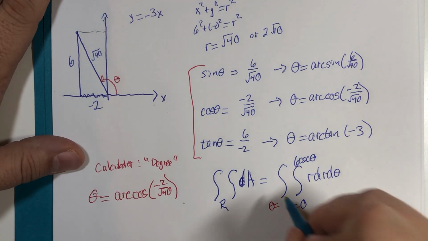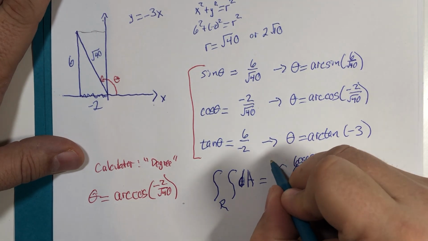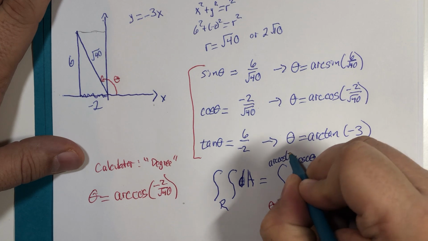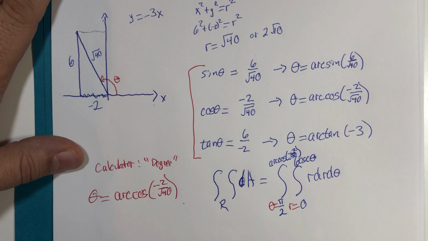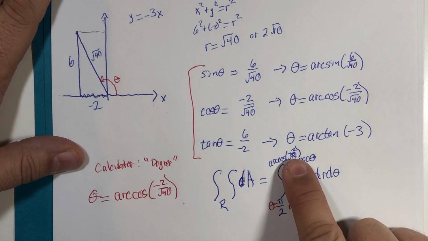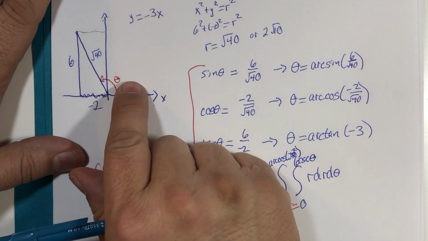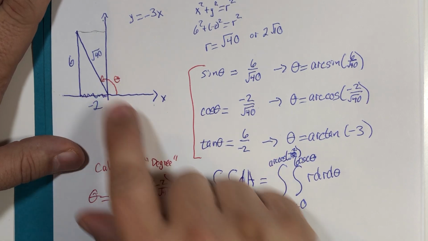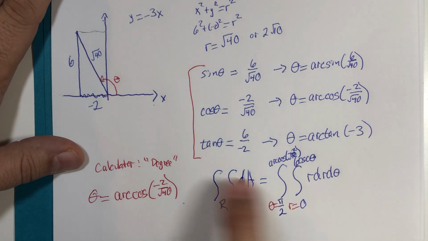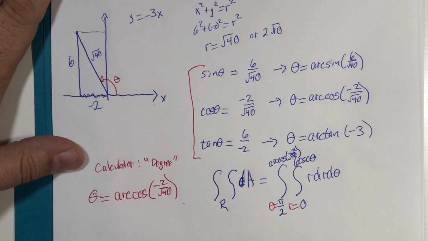Theta goes from pi divided by 2, or pi halves, to inverse cosine of negative 2 over root 40. That is probably not easy to see. Pi over 2 to that represents the 90 degrees to whatever that angle is past 90 degrees. And 0 to 6 cosecant represents from the origin to the horizontal line. So this triangle here. All right, theta, don't underestimate it.